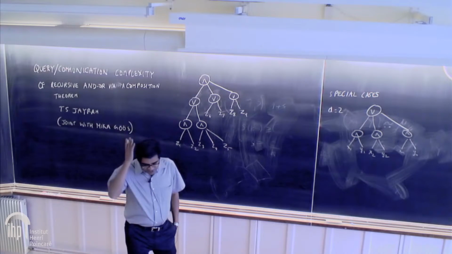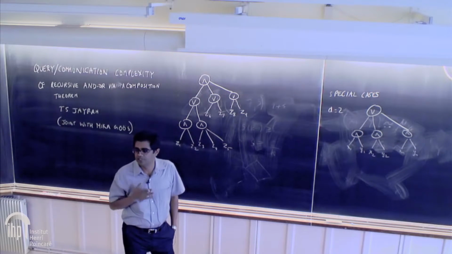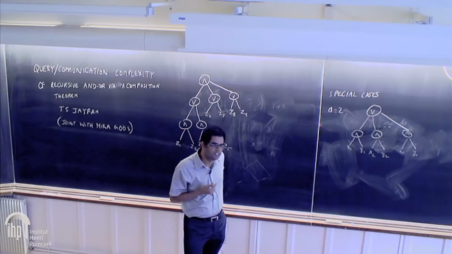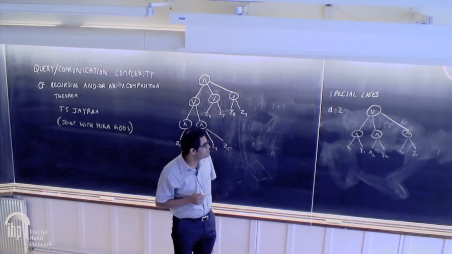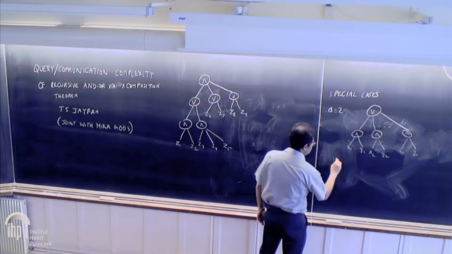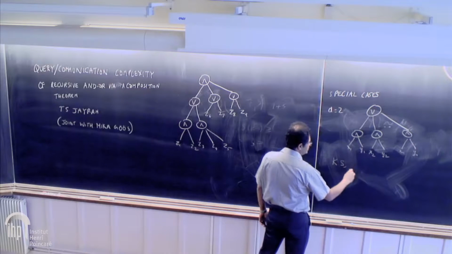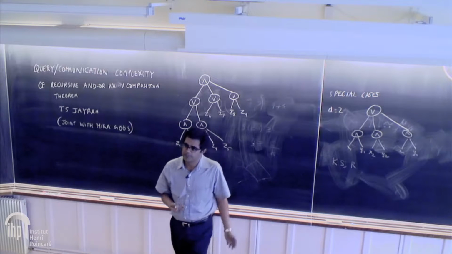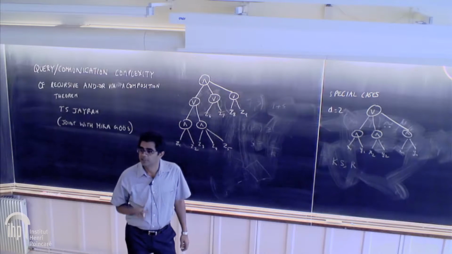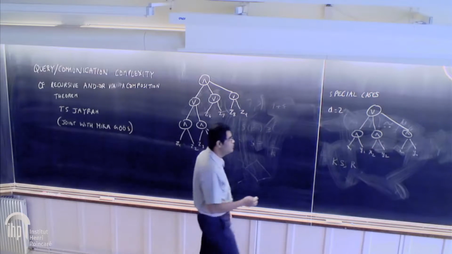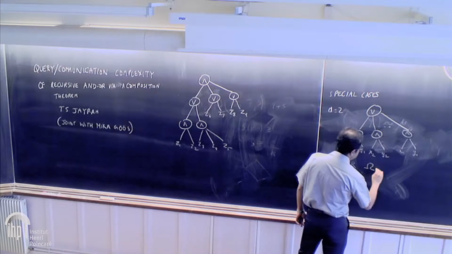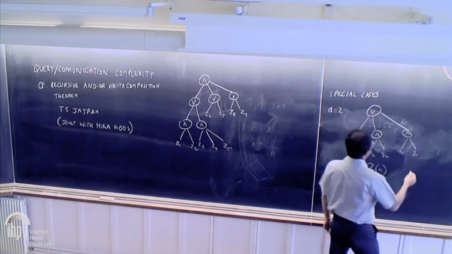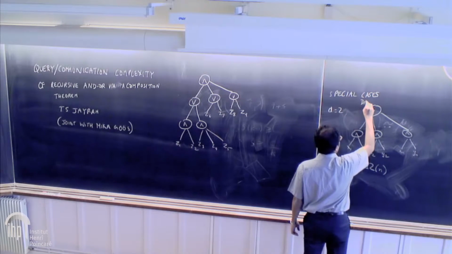So already this is a very interesting function, and as Chin mentioned, this is one of the most studied functions with tons of applications. So already a special case is interesting enough, and we know from Kalyanasundaram and Schnitger and Razborov, who introduced the famous corruption bound for this particular problem, that this has an omega of n communication complexity. So this is disjointness.